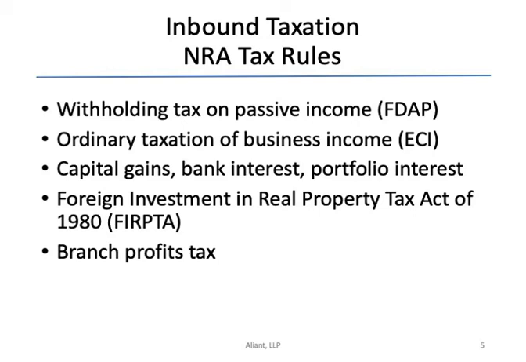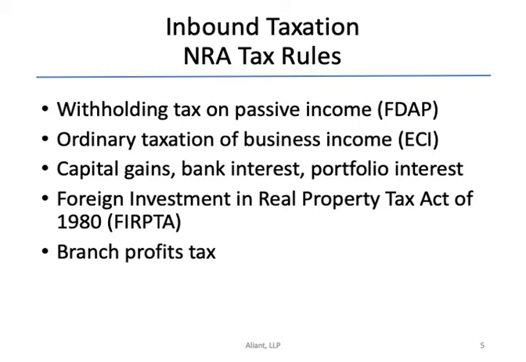But the secondary role of the tax treaty is to reduce the withholding tax on passive income. The United States has, I would like to say, around 60 income tax treaties with various countries.